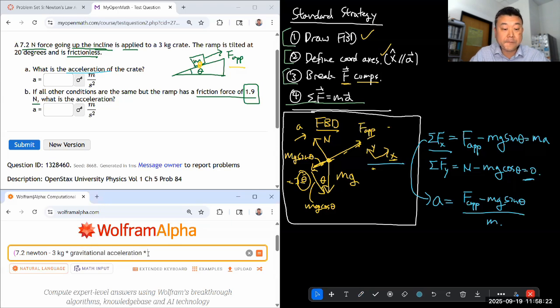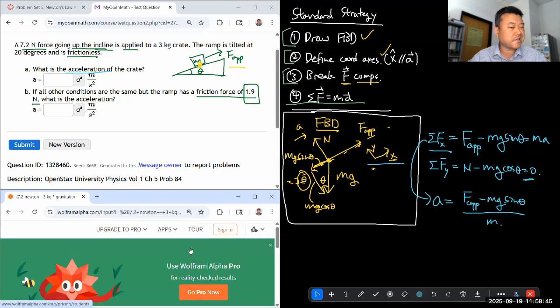Wolfram Alpha will look it up, and because I'm putting in units with every quantity, I can just have Wolfram Alpha look up the constant. That's one of the reasons to put in the units if you're going to use that functionality of Wolfram Alpha. Times the sine of 20 degrees. That's the net force divided by the mass, 3 kilogram.